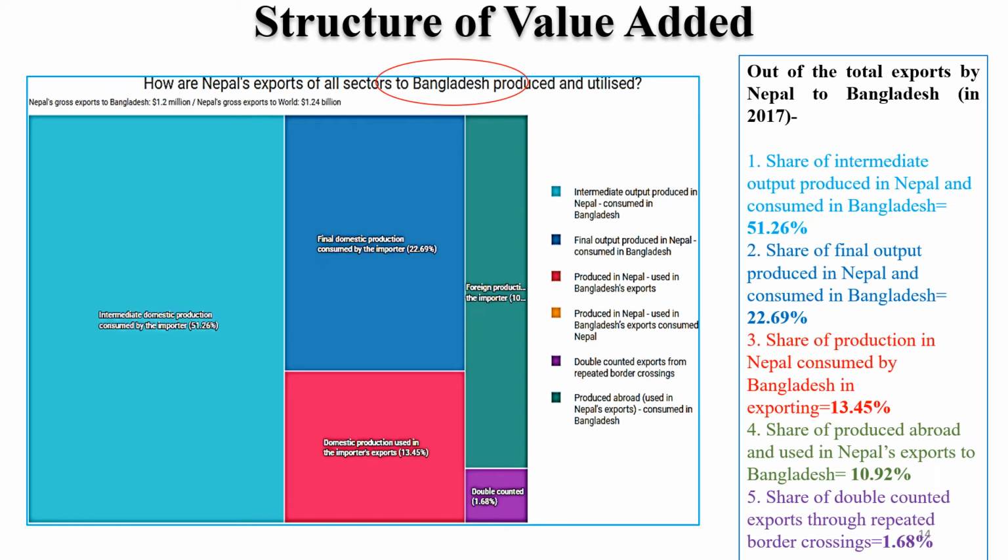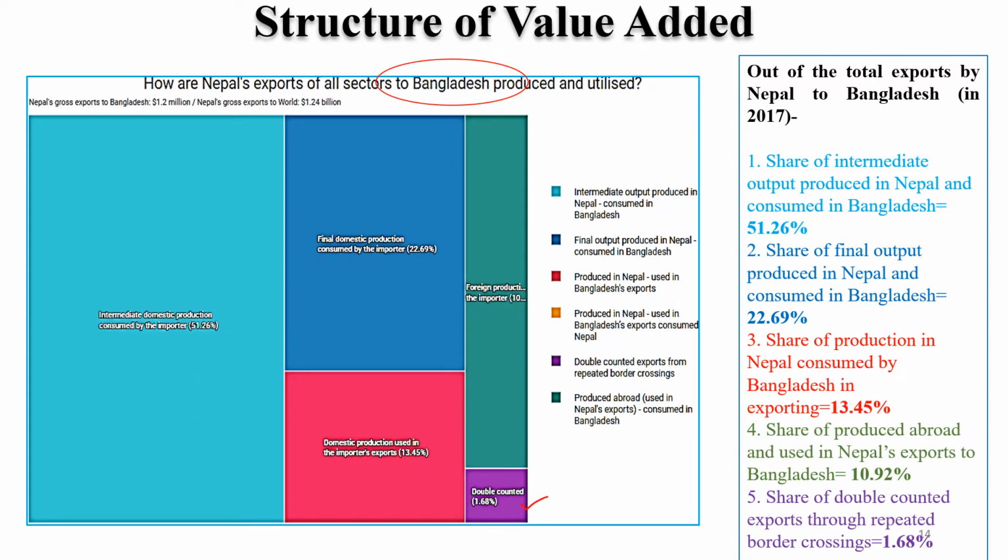So let us now try to understand the structure of value added of Nepal's exports to Bangladesh into these six components. You can see the double counting part is only 1.68%. The share produced abroad and used in Nepal's exports to Bangladesh is around 10.92%, which is basically the backward linkages.